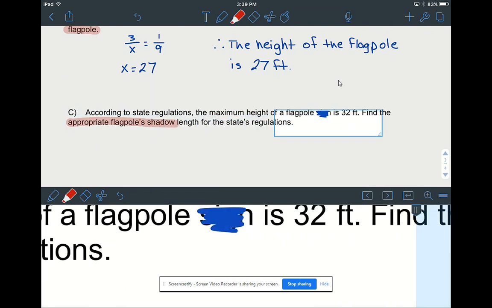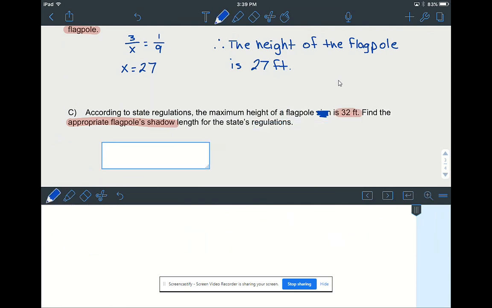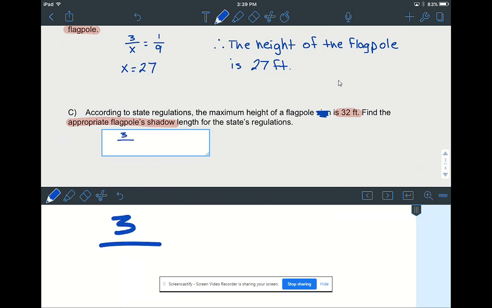So let's say we have a flagpole that's actually 32 feet. So knowing that, we do 3 feet for the yardstick and 32 feet for the flagpole and a state regulation.